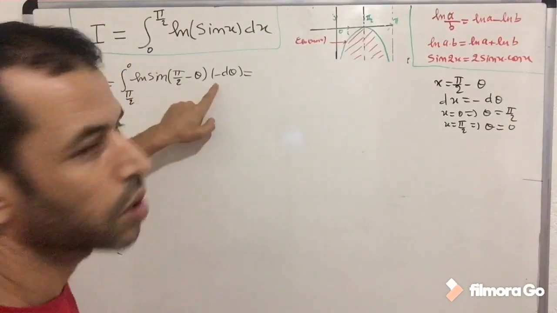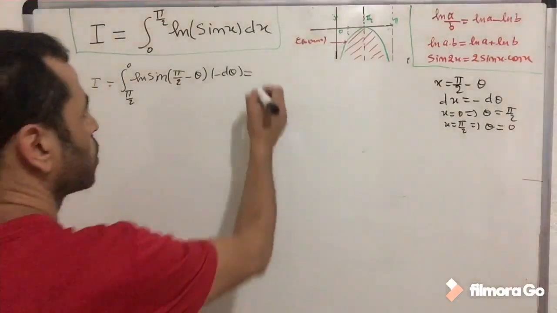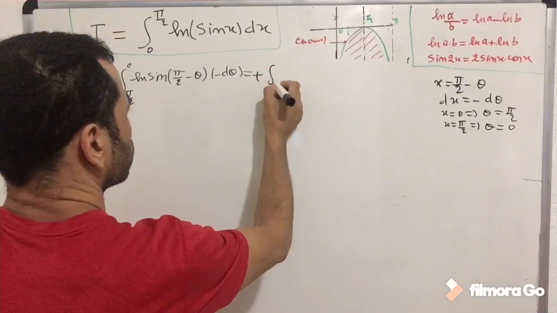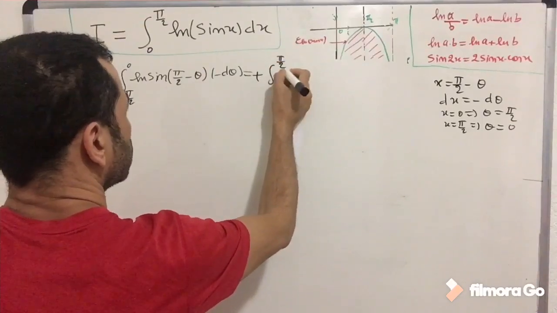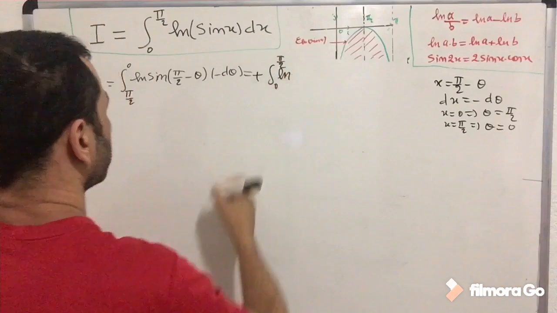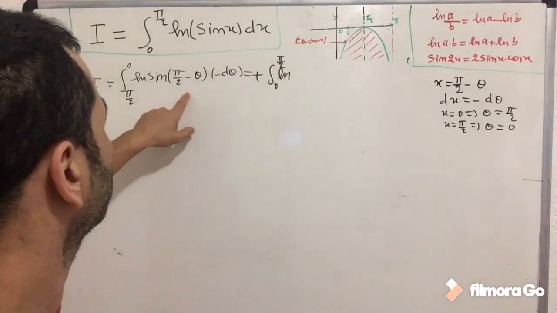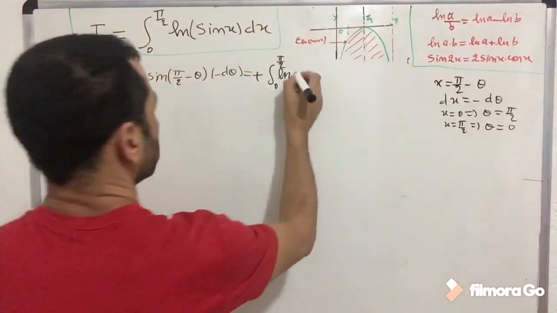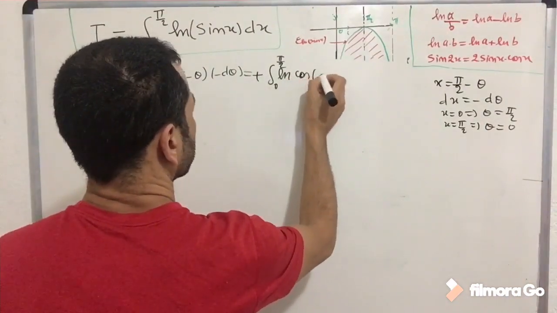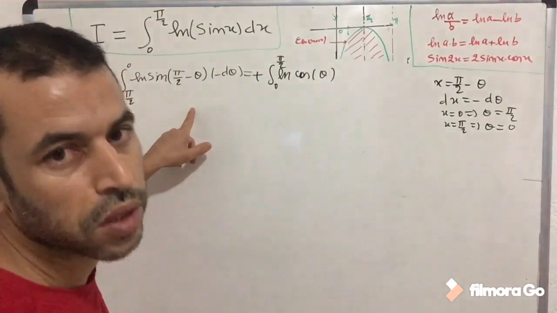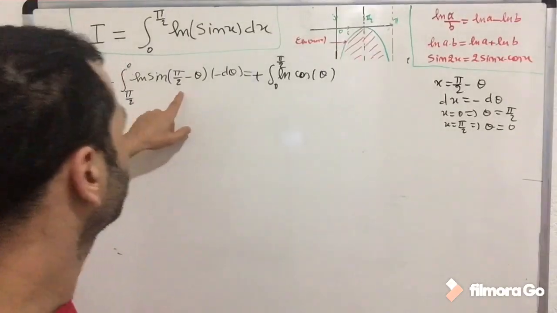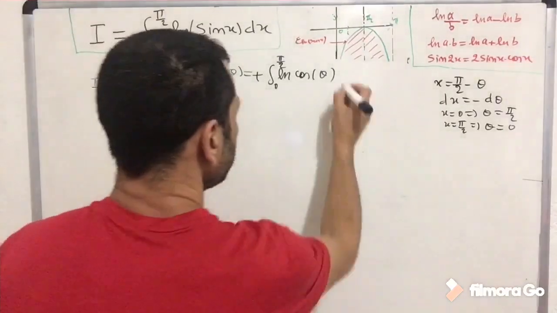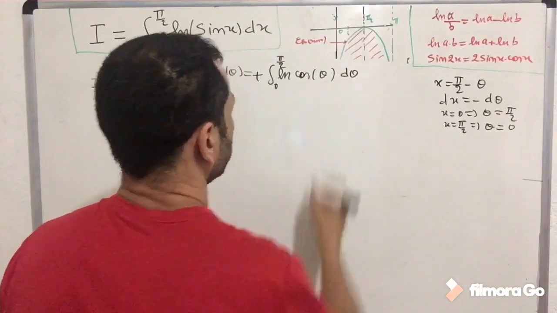Negative sign with negative sign becomes positive. So it is the integral from 0 to pi over 2 of natural log of sine of pi over 2 minus theta, which equals cosine theta. This is the connection between sine x and cosine, with pi over 2 between them. So natural log cosine theta d theta is our new integral.